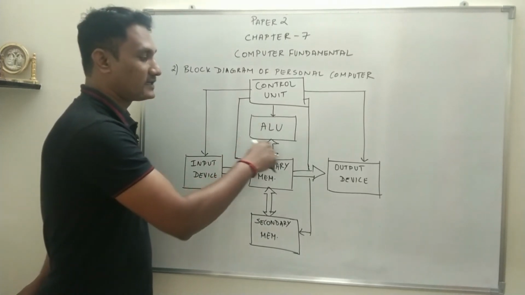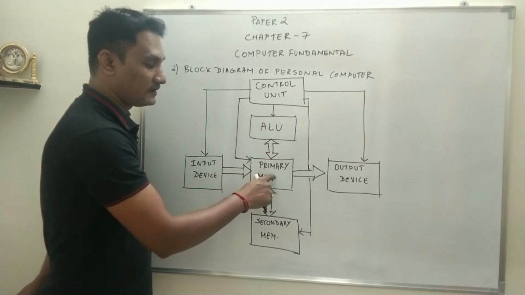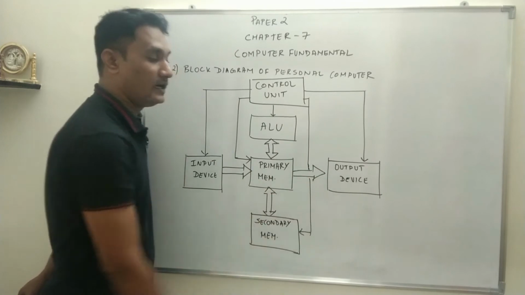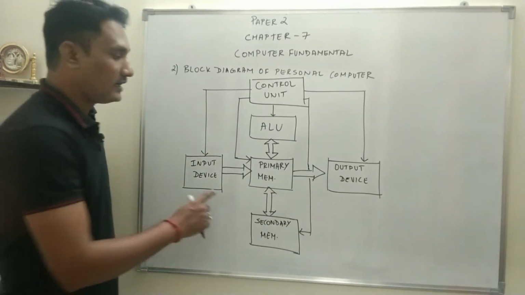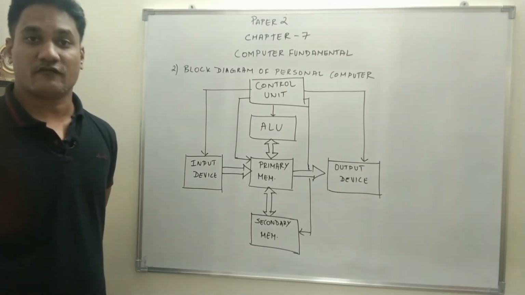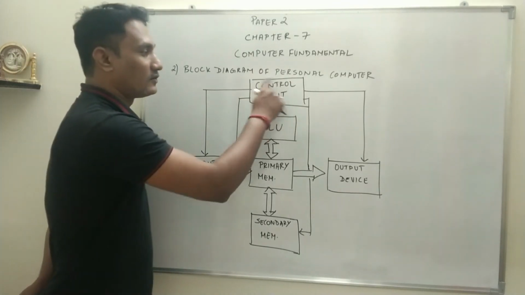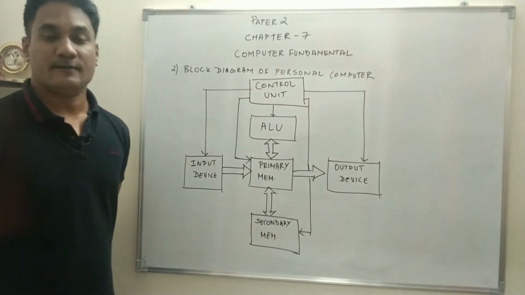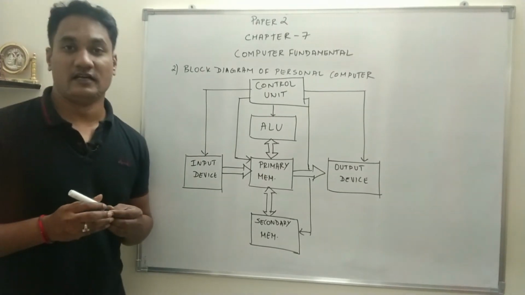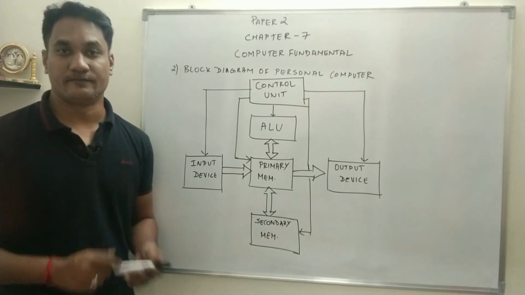The data will be processed by the ALU. It will transfer the data from primary memory to secondary memory, or from primary memory to the output device directly. And to control all the peripherals, the control unit will generate control signals. So this is the block diagram of a personal computer. I hope you have understood.